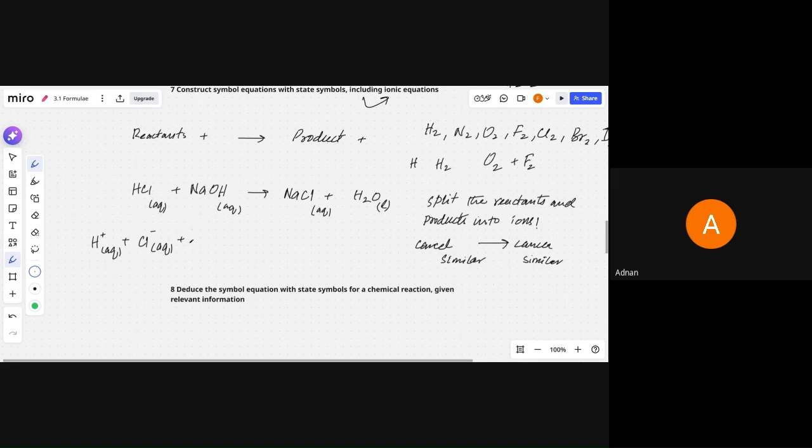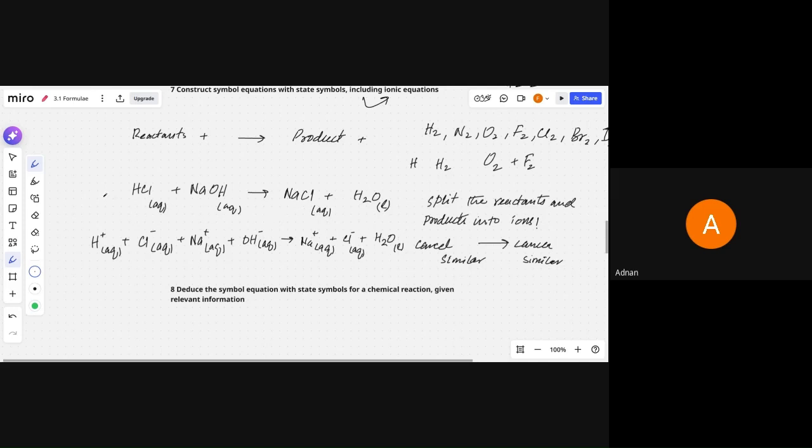And sodium hydroxide will be Na+ aqueous and OH- aqueous. For the other side, this is aqueous, so you split this into Na+ (aq) and Cl- (aq). Remember that water cannot split, so it will stay as H2O.